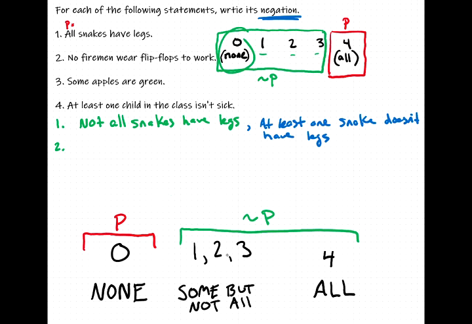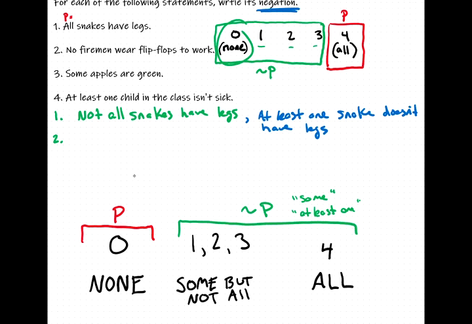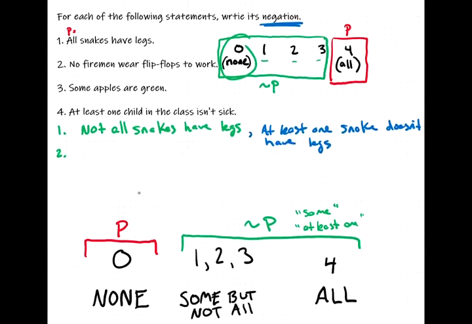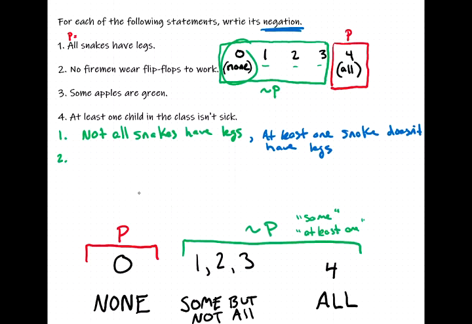remember, some means anything but none. So in this case, we could use the word some, or we could use at least one. Those two are interchangeable. The word some and the word at least one mathematically mean exactly the same thing. So we could say some firemen wear flip-flops to work.